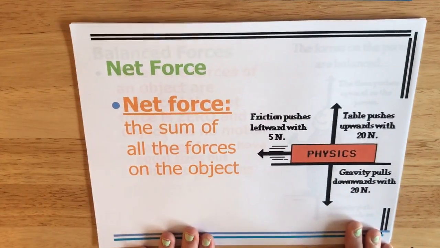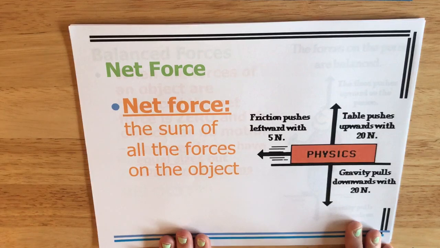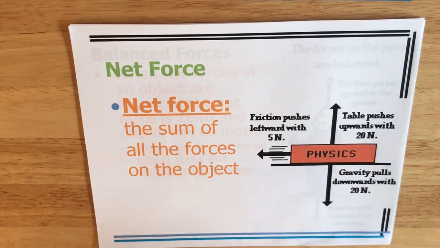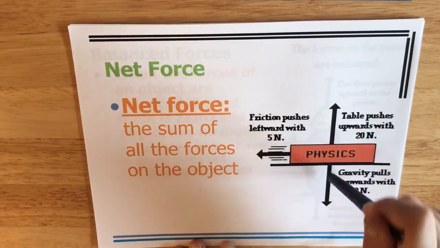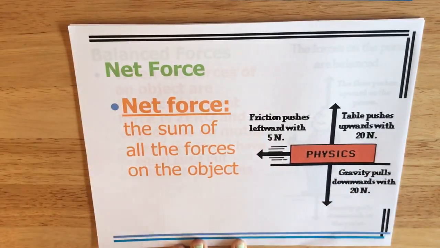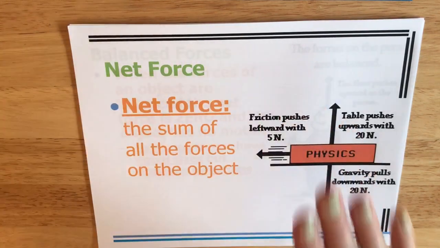All right, so when you start talking about whether or not the object's going to move, you have to talk about net force. Net force is the sum of all of the forces on the object. So if this is a book sitting on a table, gravity is pushing down, the table is pushing back up, and so the book's not moving up or down, just like this paper.